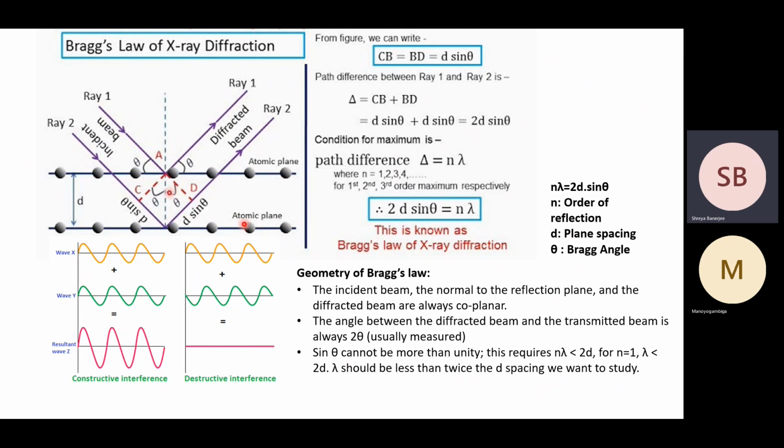So suppose we want to study a crystal. What wavelength of X-ray should be used to study that crystal? That wavelength should be decided first by measuring the distance between the crystal planes and taking a wavelength that is less than twice that distance. Only then will we get an intense diffraction pattern through the constructive interference.